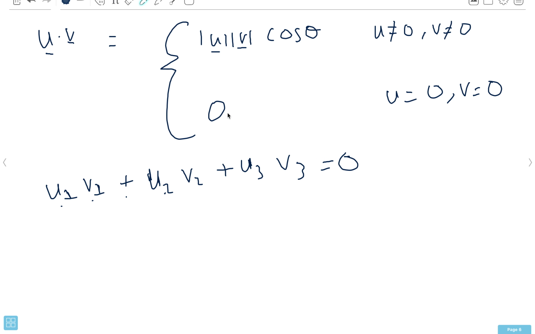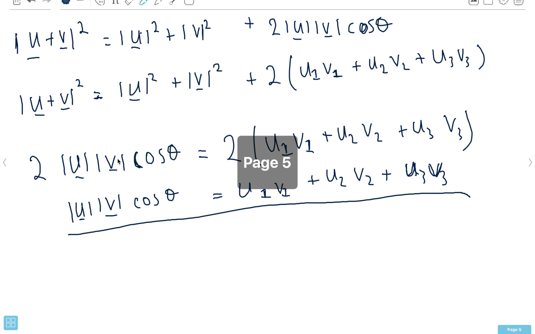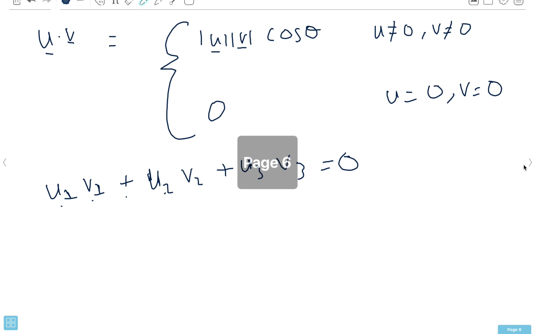So we've proven it for the 0 case, and we've now proven it for the other case as well. So this holds for both cases in our scalar product definition. And okay, I think we'll stop there. This is probably a really long video.